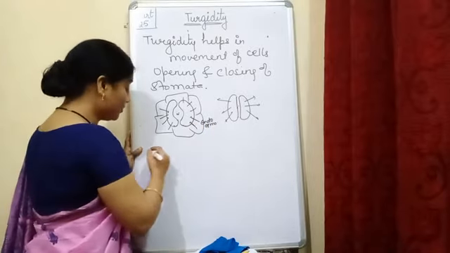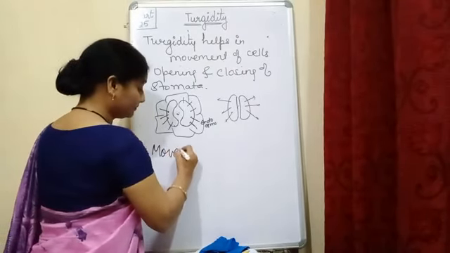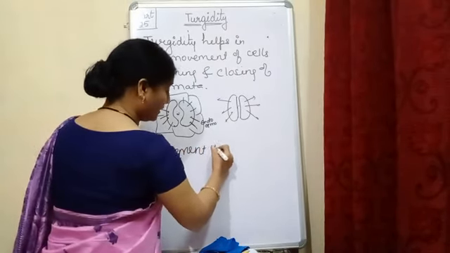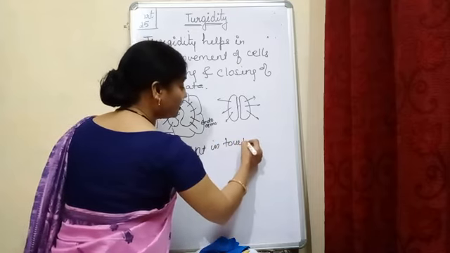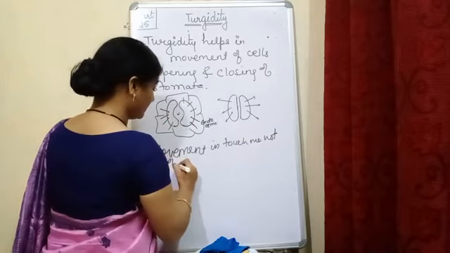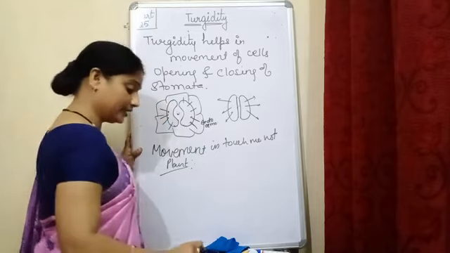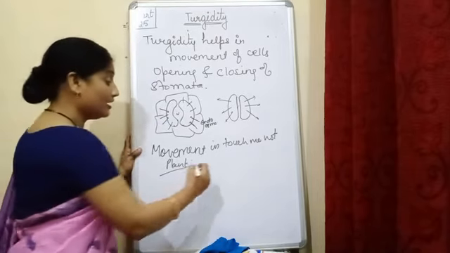Even it is responsible for the movement in the touch-me-not plant. Because of this turgor pressure, there is a movement in the touch-me-not plant. Now see what happens.